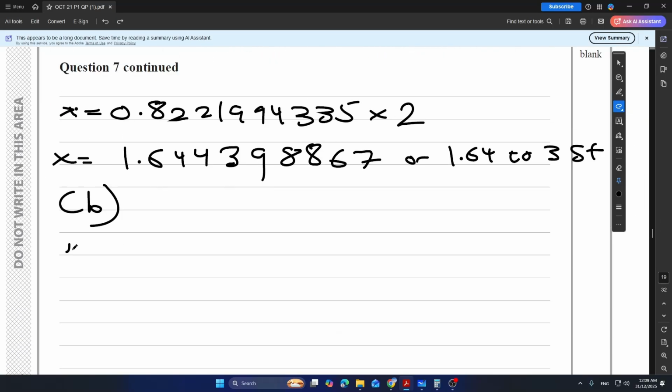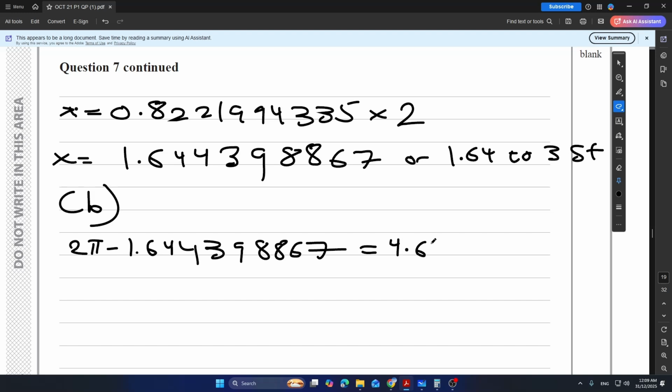So 2 pi minus 1.64439, make sure not to round, 8867. So I can do that. 2 pi minus this will give us 4.638678644.